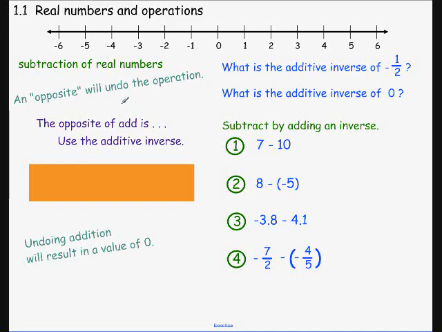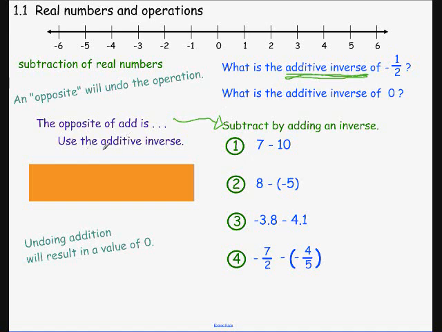Subtraction of real numbers. What's the additive inverse of -1/2? There's a lot of new words here. Additive inverse. We're going to use additive inverses as a way of subtracting by adding. An opposite will undo the operation. The opposite of adding is, that's right, subtracting.